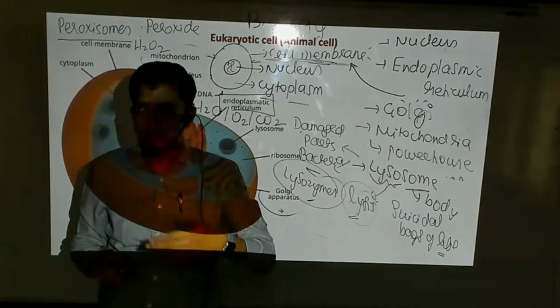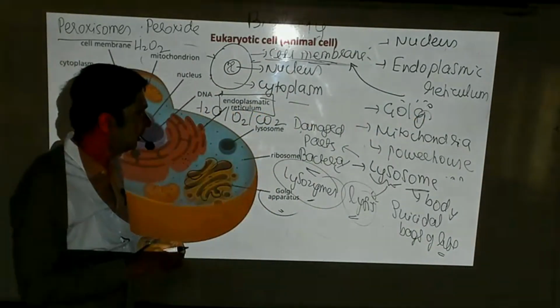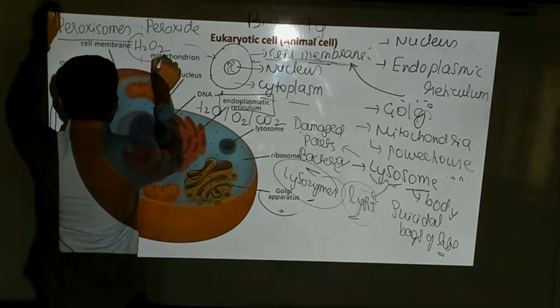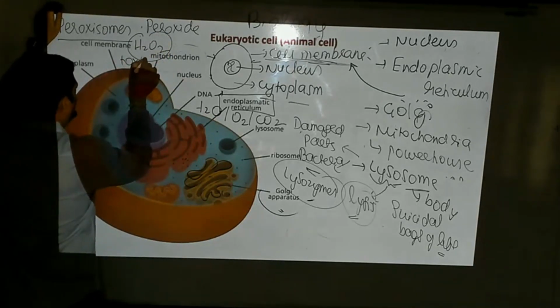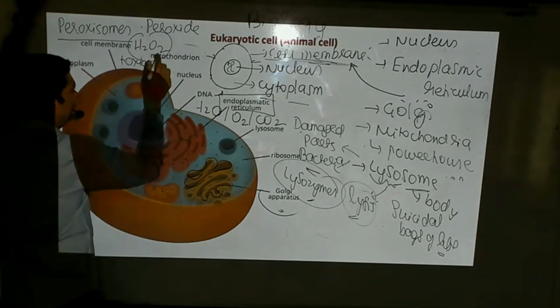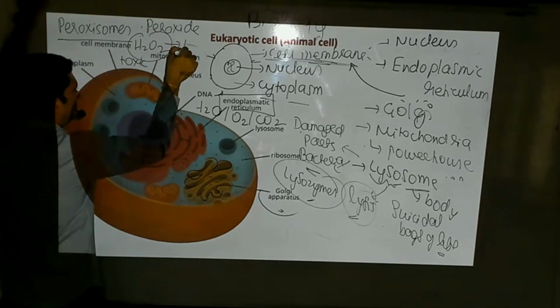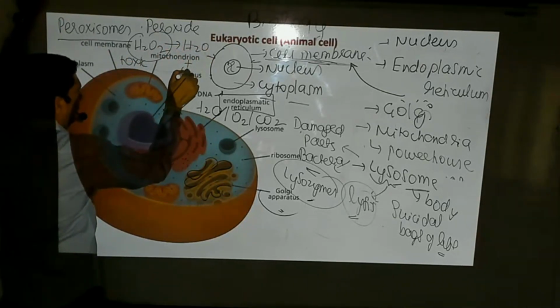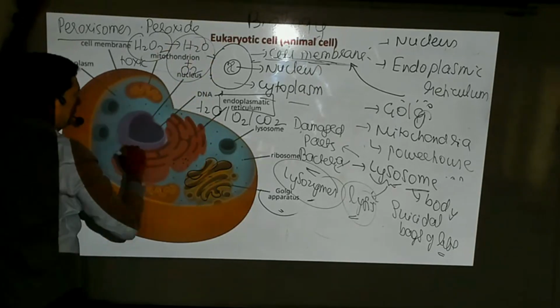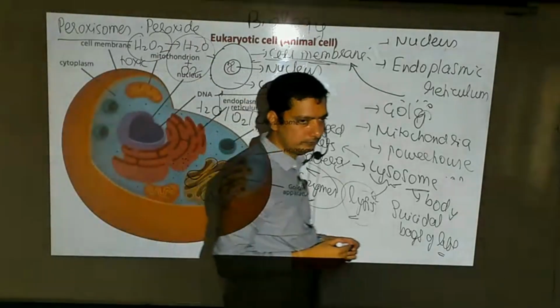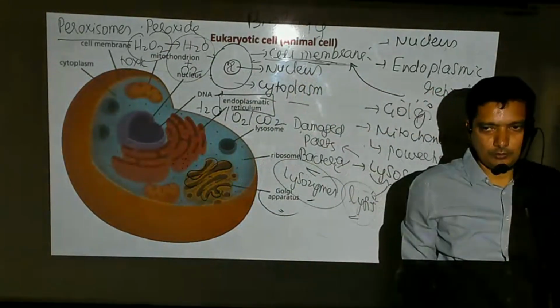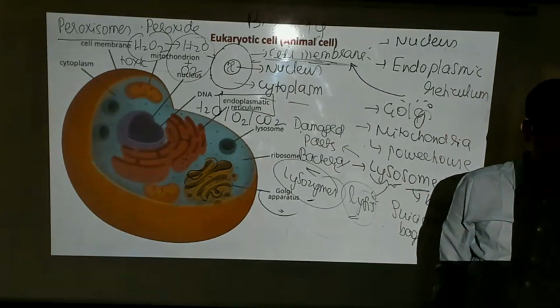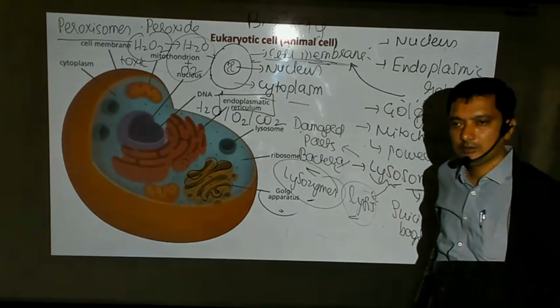When the body performs different chemical processes, it can produce these kinds of toxic substances. And peroxisomes are responsible for breaking this H2O2 into water and oxygen. Such an organelle is called a peroxisome.